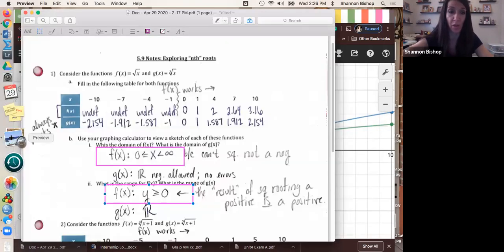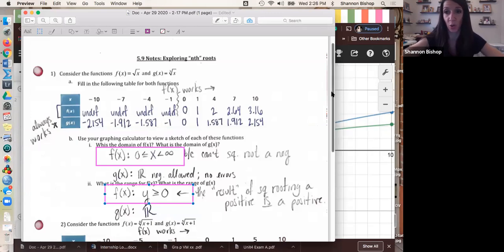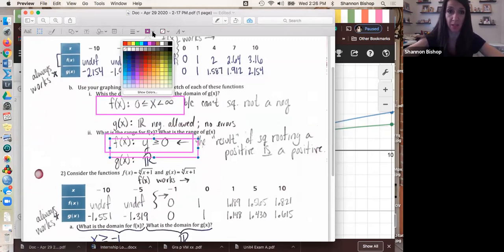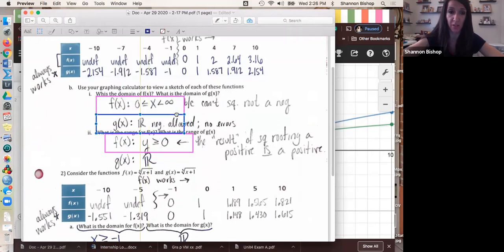Now, with regards to why this is happening, so as you can see, my g of x, the domain is all real numbers, and so is the range. So here's my g of x, all real numbers for the domain, and also all real numbers for the range.